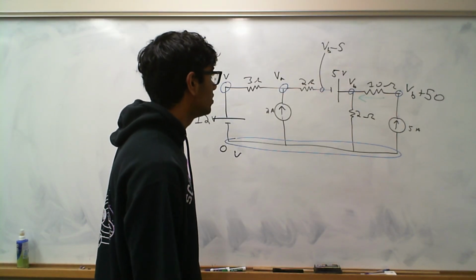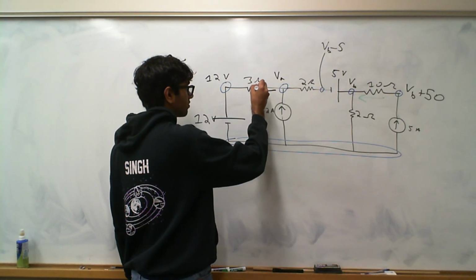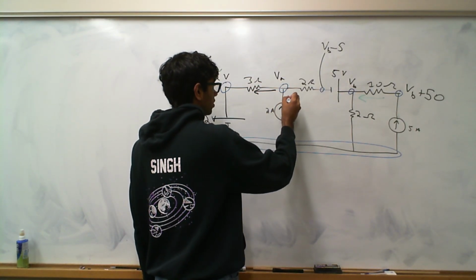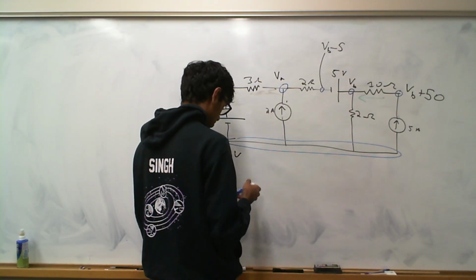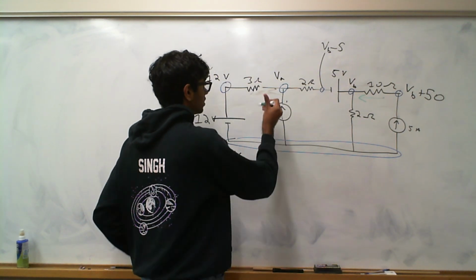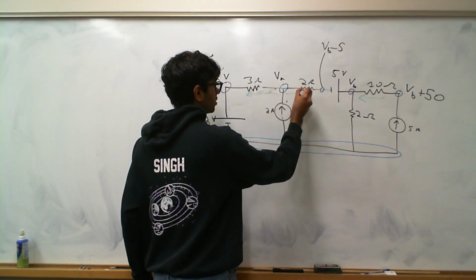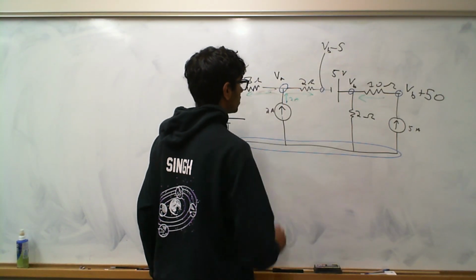And we just, again, write out our KCL expressions. That's all we have to do. So we have current in that direction. Current, oops, I'll use green for the currents. So we have current in this direction, current in this direction, and we have current going in here. That's 2 amps.